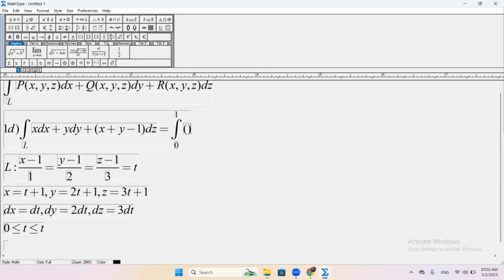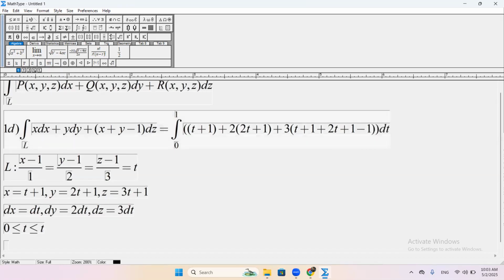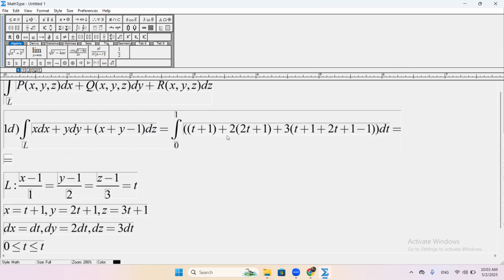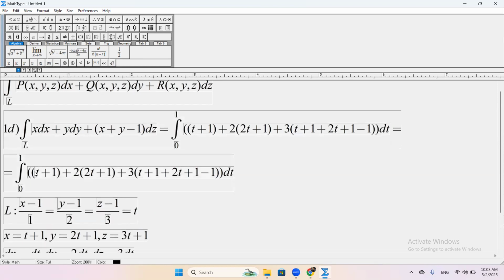So now substituting everything here. t plus 1. Then y dy, so plus 2 times (2t plus 1), plus 3 times (t plus 1 plus 2t plus 1 minus 1) dt. Now let's simplify this expression. We'll expand the brackets.